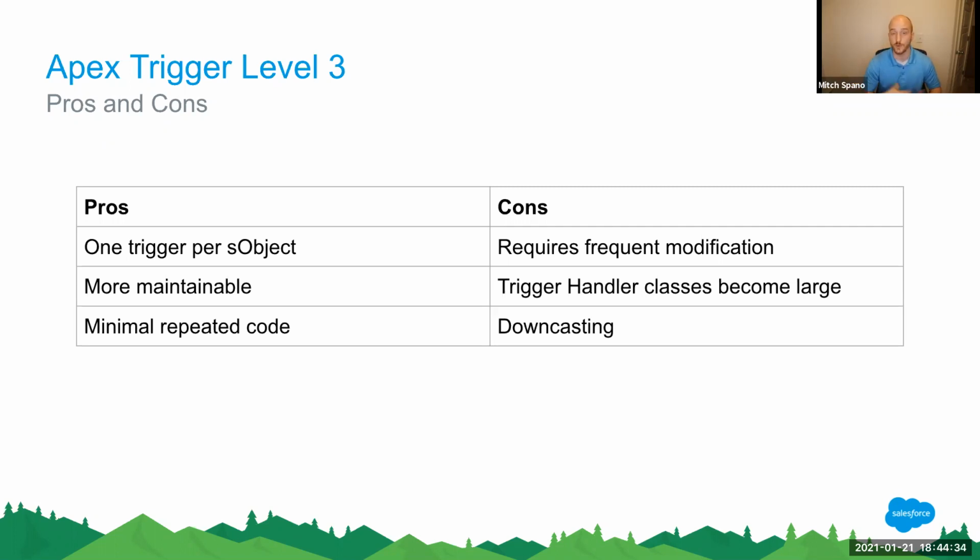The wholesale opportunities had their own record type and the retail opportunities had their own record type. Both the logic for the wholesale team and the logic for the retail team must reside in that opportunity trigger handler to maintain the one trigger per SObject rule that we talked about earlier.